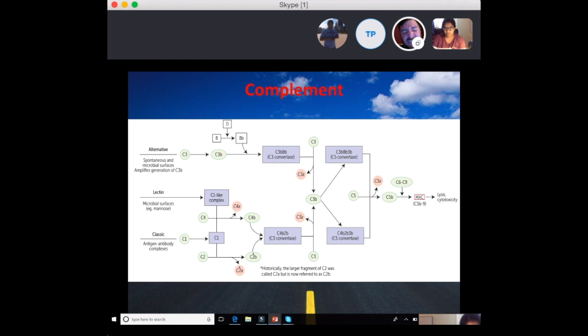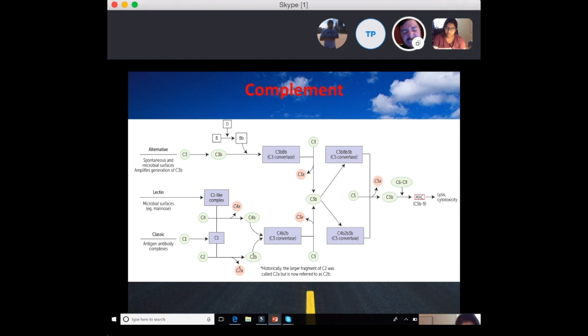So this is the complement system in general. So first, we're going to look at the classical pathway. But what is important to realize from this diagram is that even though they have 3 separate beginnings, they all have the same ending, which is the MAC complex, the membrane attack complex. We'll get there.